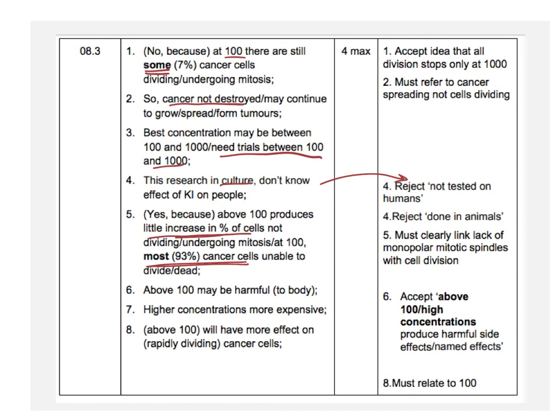You could have also suggested that at higher concentrations above 100 nanomoles, there might be harmful side effects that we don't know about. You could have also mentioned that any higher concentrations are more expensive, and that above 100 might have more effect on rapidly dividing cancer cells.